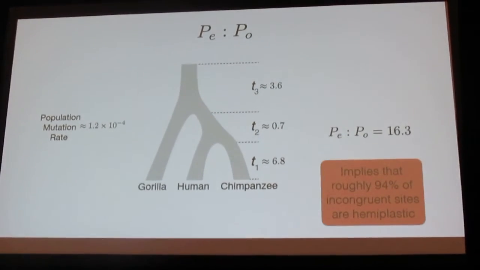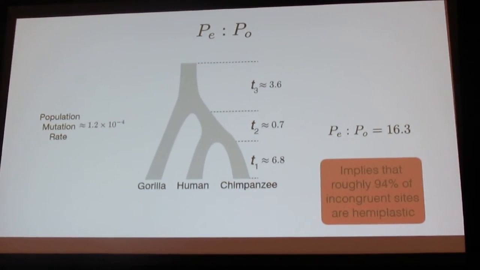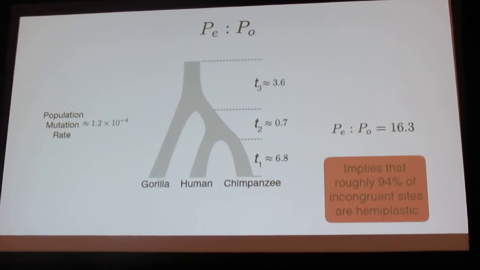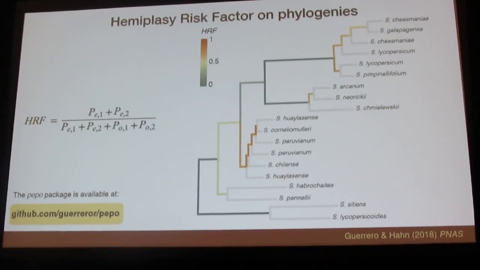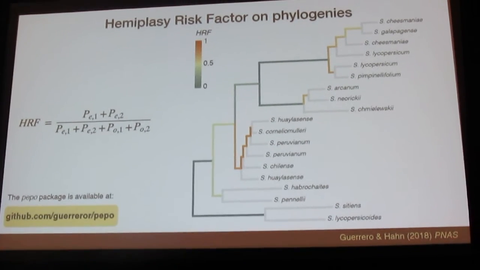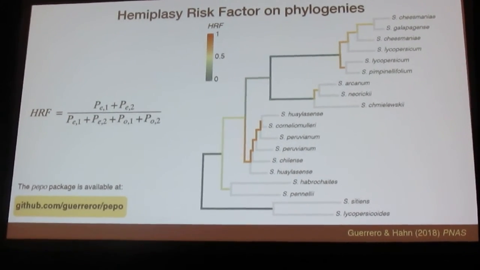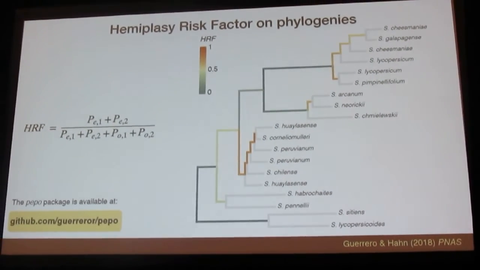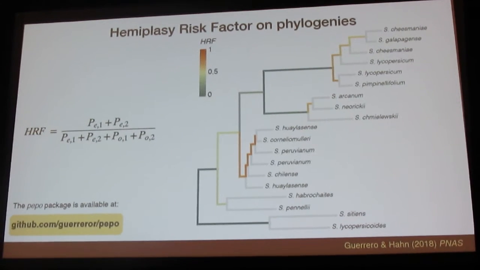All right, but we decided to expand this to help our visualization or our conceptualization of the effect of hemiplasia across phylogenies. And we did that with this index that we're calling the hemiplasia risk factor that we can calculate for each particular branch on a phylogeny. So it's really not very different from what I just walked you through in this simplified trio scenario.